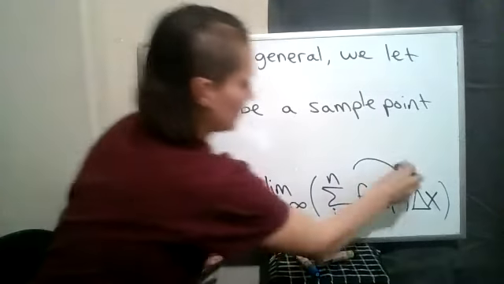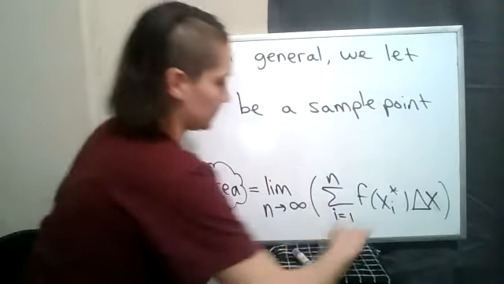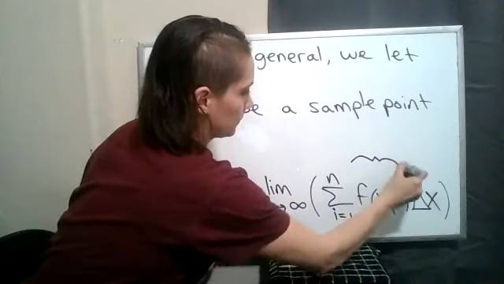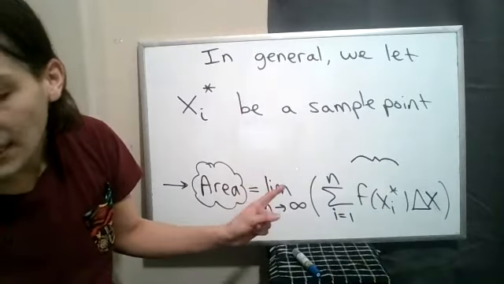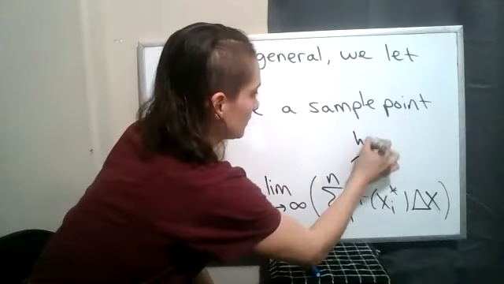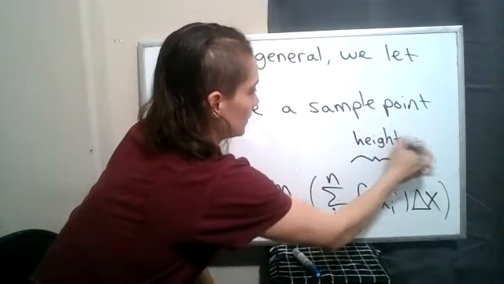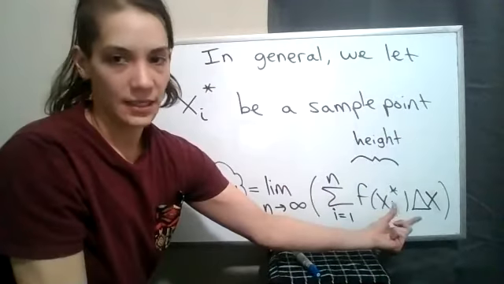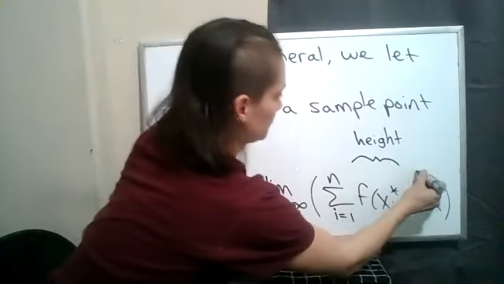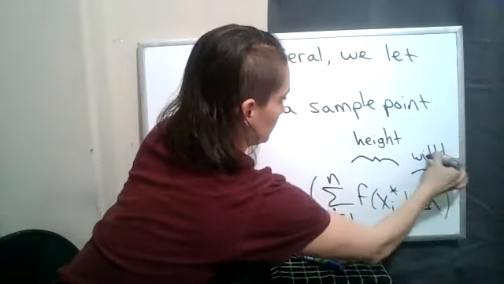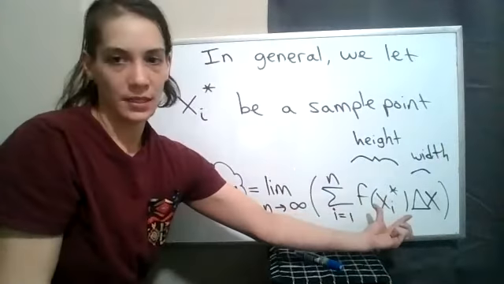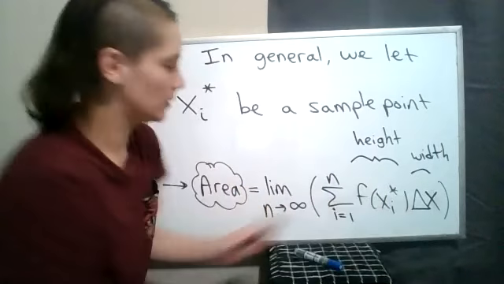f of x sub i star is the height. Delta x is the width. Which makes this piece an area of a rectangle.